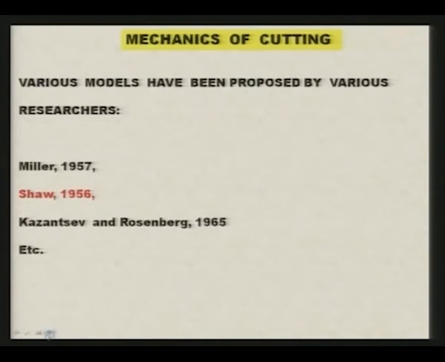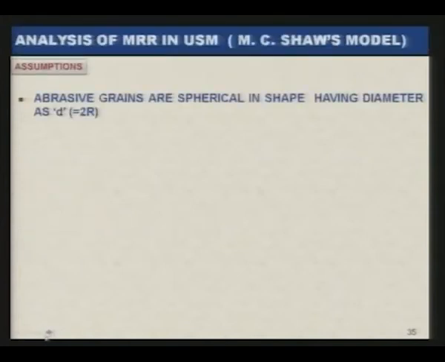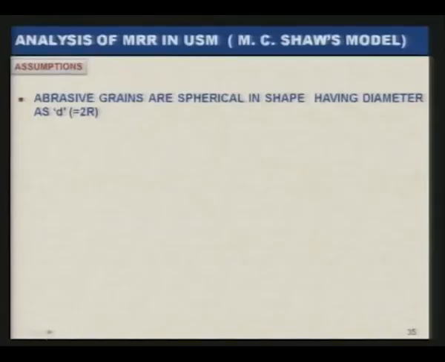However, I am going to discuss only the one that was proposed by M.C. Shaw. Now, let us understand the mechanism of material removal as per the analysis reported by Professor M.C. Shaw. He made certain assumptions during the development of the model.